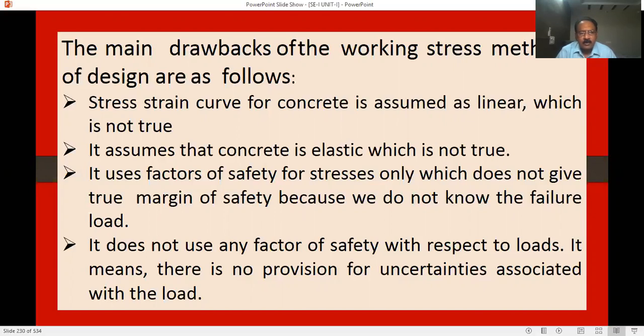It uses factor of safety for stresses, but it is not safe for loads. So it uses factor of safety for stresses only, which does not give the true margin of safety because we do not know the failure load. It does not use any factor of safety with respect to loads. Loads may increase in due course. It means there is no provision for uncertainties with the load, only considered for stresses.